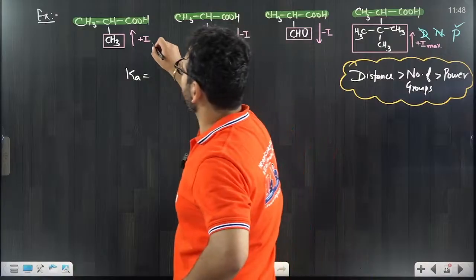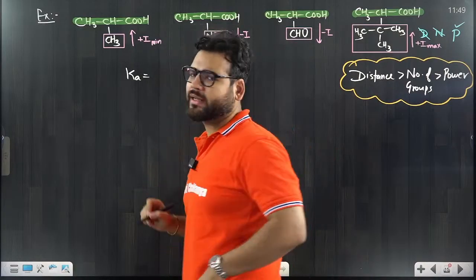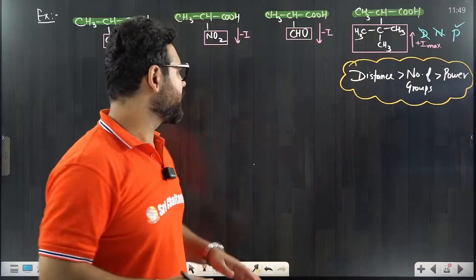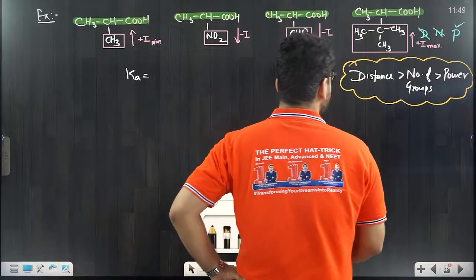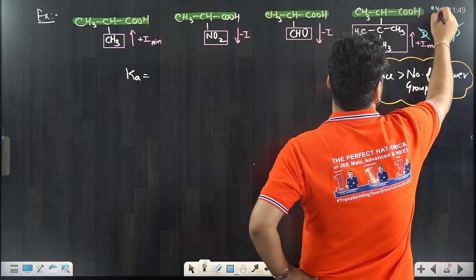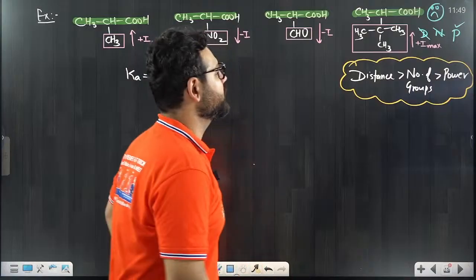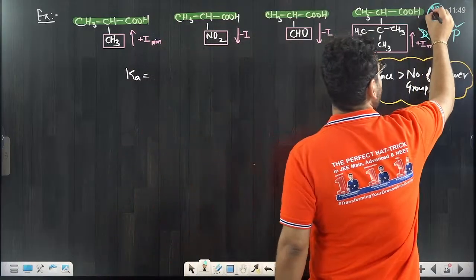This is plus I minimum. So one is more plus I, one is less plus I. Obviously, the more plus I will make the acid very poor. So this acid is a very poor acid.